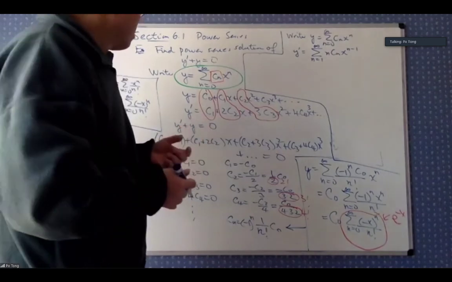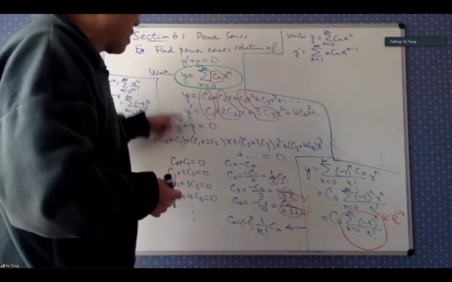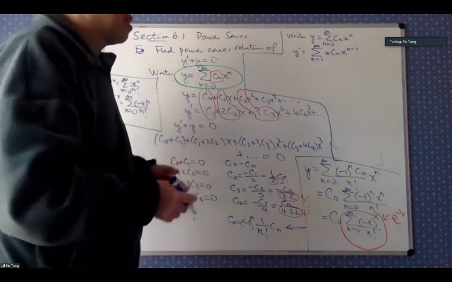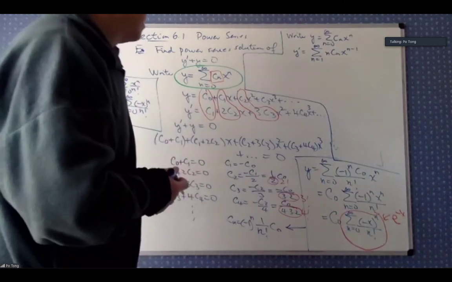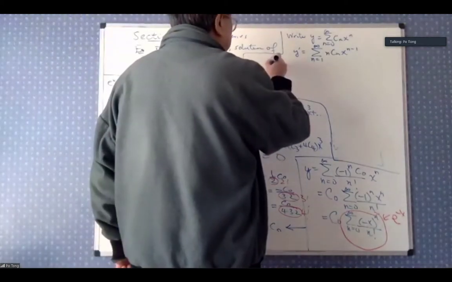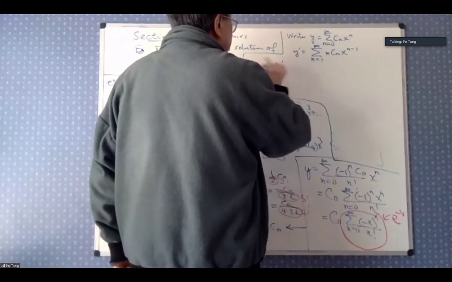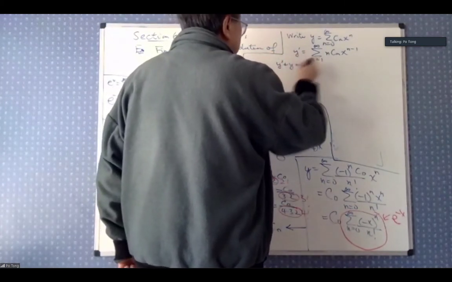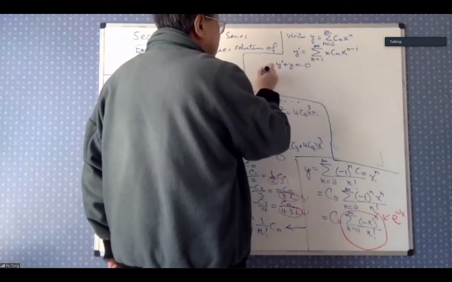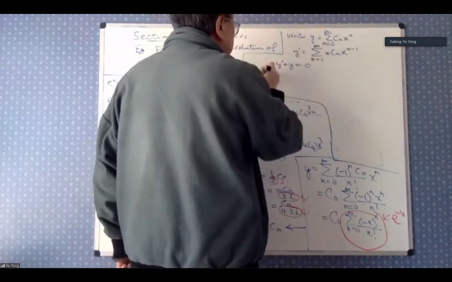Now I want to essentially do the same thing, except I just have a different notation, as I said. So y prime plus y equal to 0. What does that mean? That means these two added together equal 0.